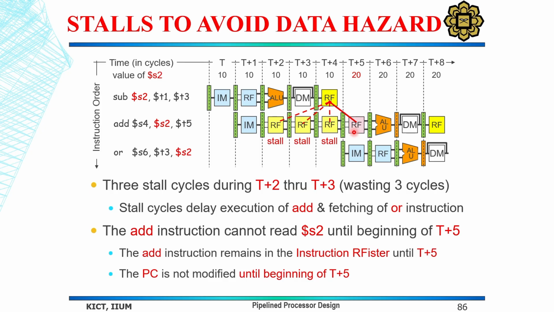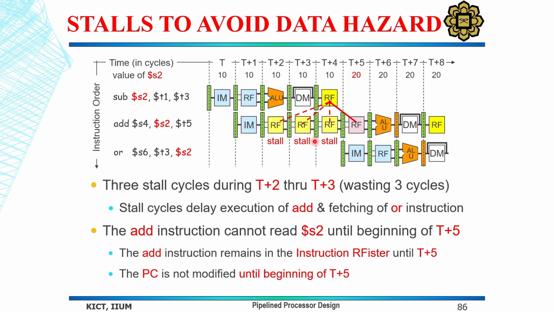So the first instruction executes as normal. The second instruction comes in during the second cycle, T plus 1. Then we put 3 stalls, 1, 2, 3, at T plus 2, T plus 3, and T plus 4.